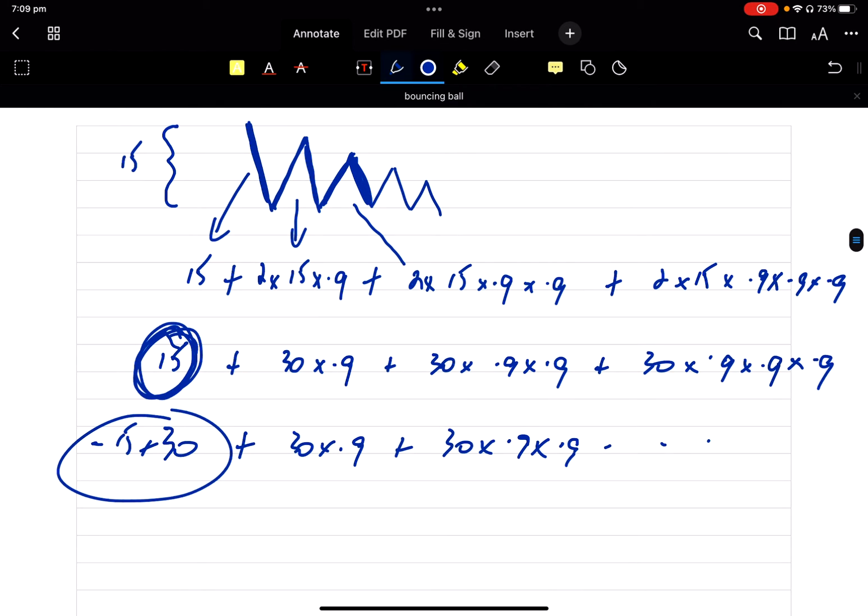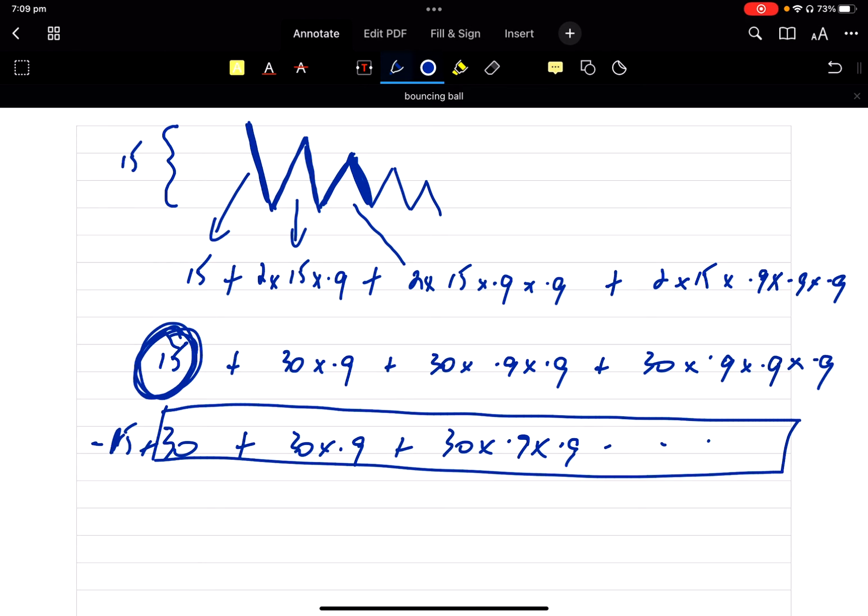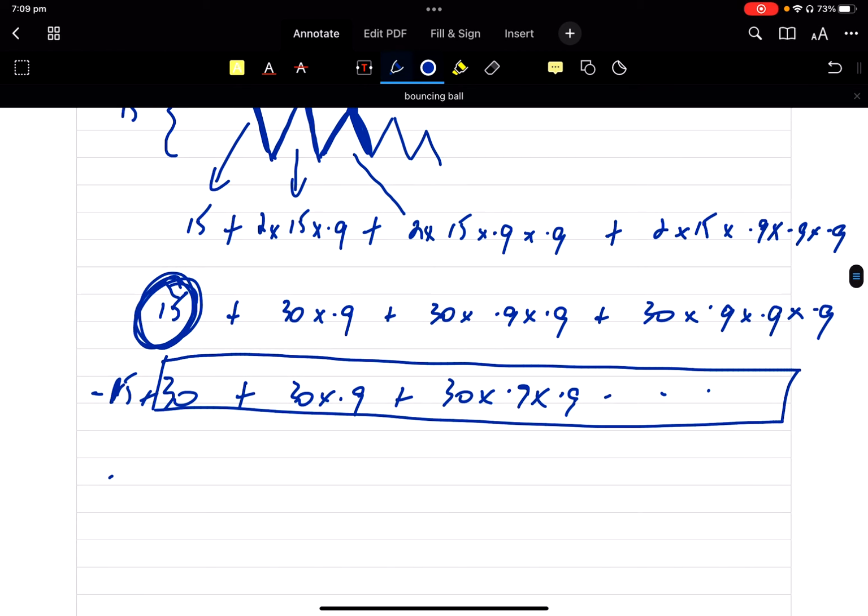So that's still the number 15, but I've just had to put a minus 15 in front of that 30. Then this thing here is the geometric sequence. So it's going to be minus 15 plus the sum of all those numbers in there.